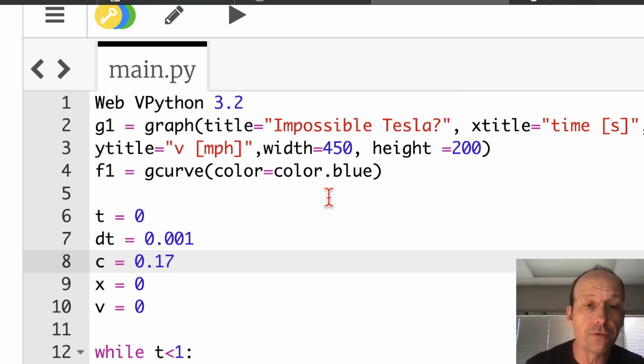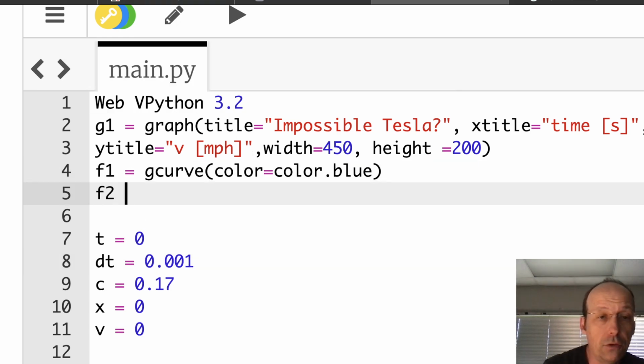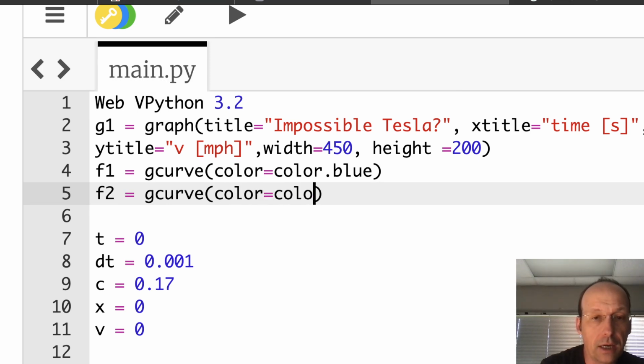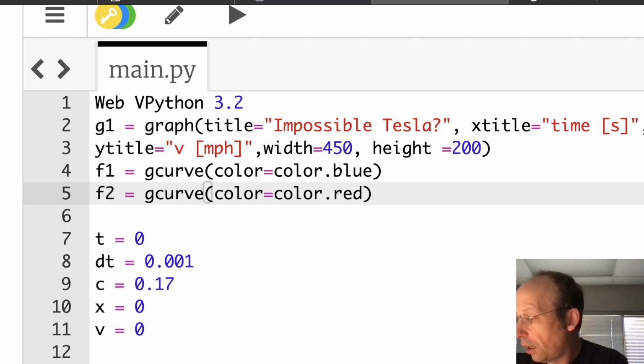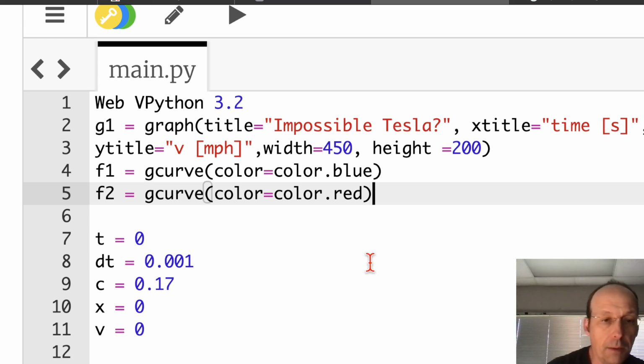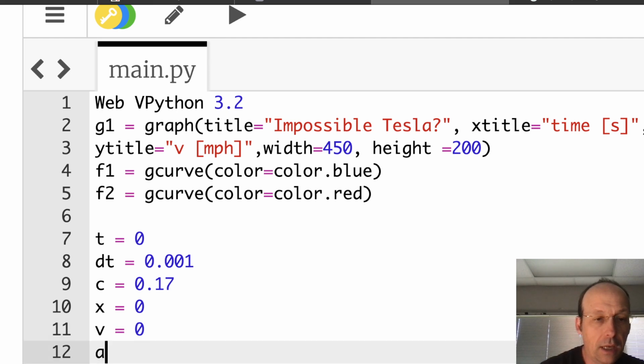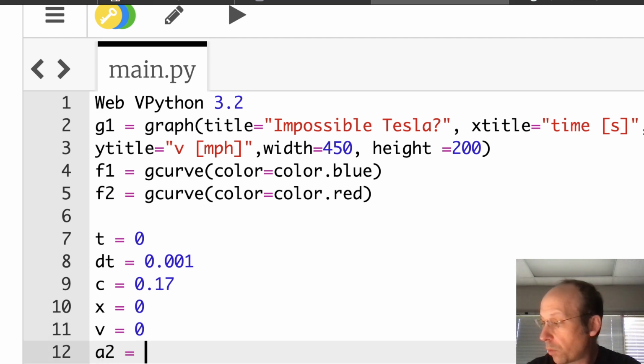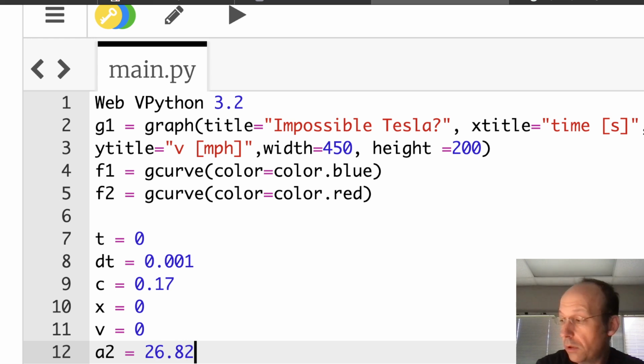Let's make another curve just for fun. F2 equals G curve, color equals color dot red, and this one's going to be the acceleration of an object with the constant acceleration of, what did I say it was? 26.82. So I'm going to make another acceleration. A2 equals 26.82.